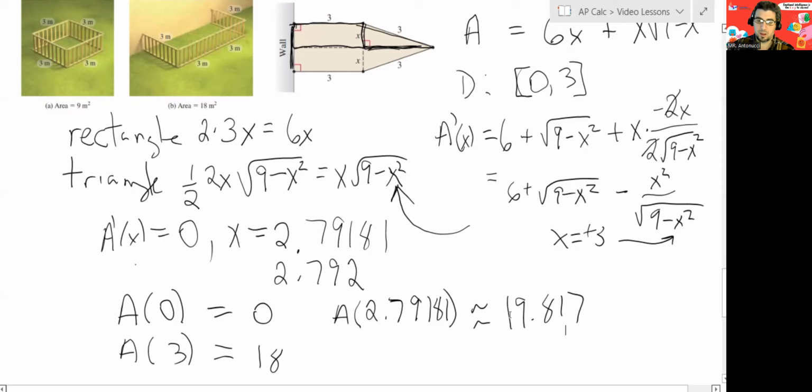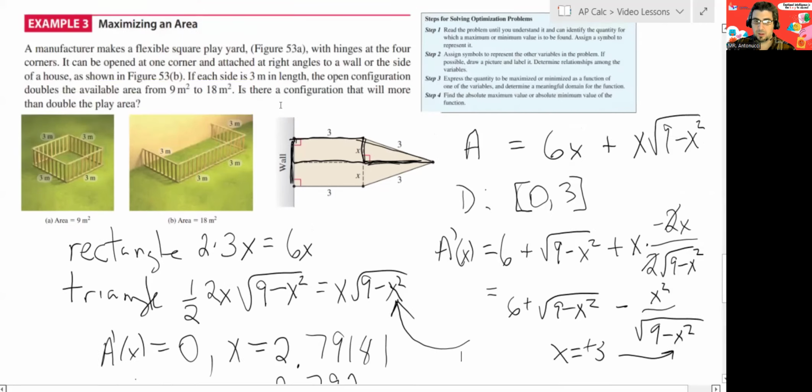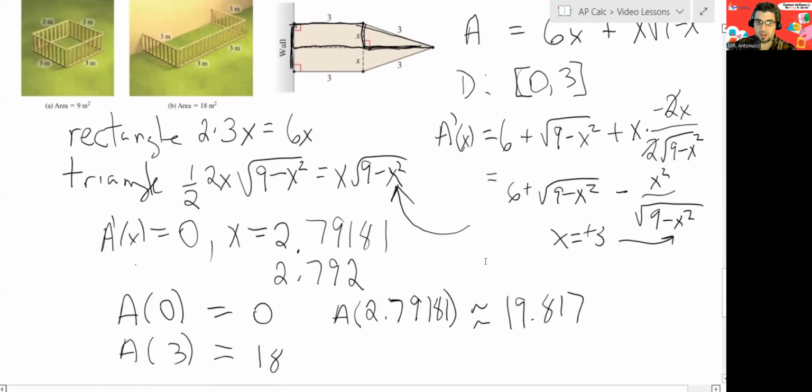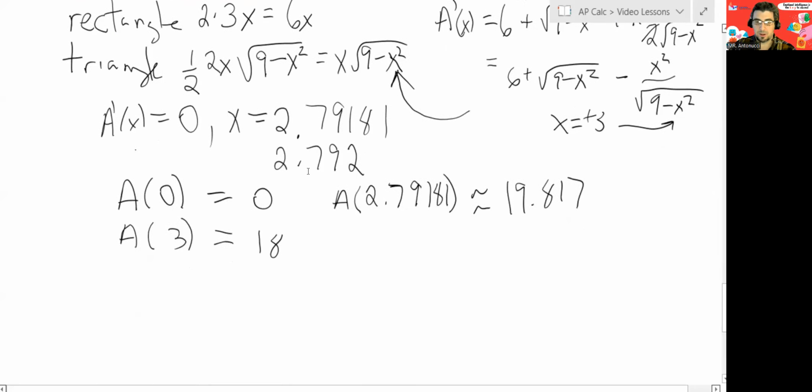Okay, so the original question that we were asked here is: is there a configuration that will more than double the play area? So, using a wall length of, what's it going to be?